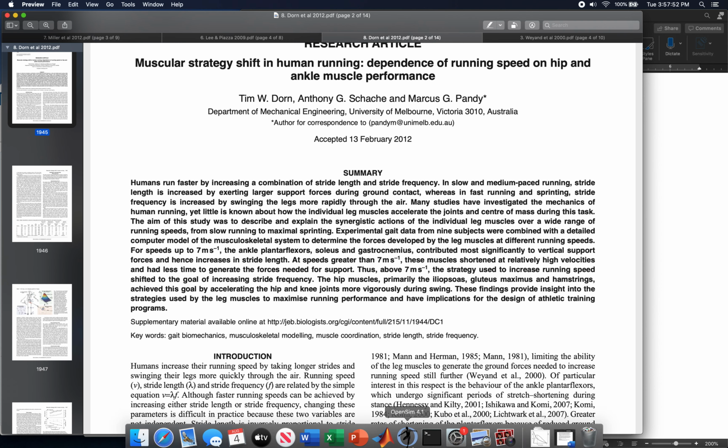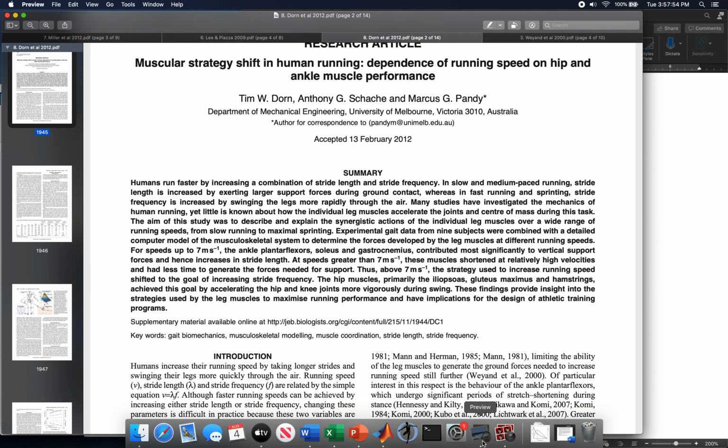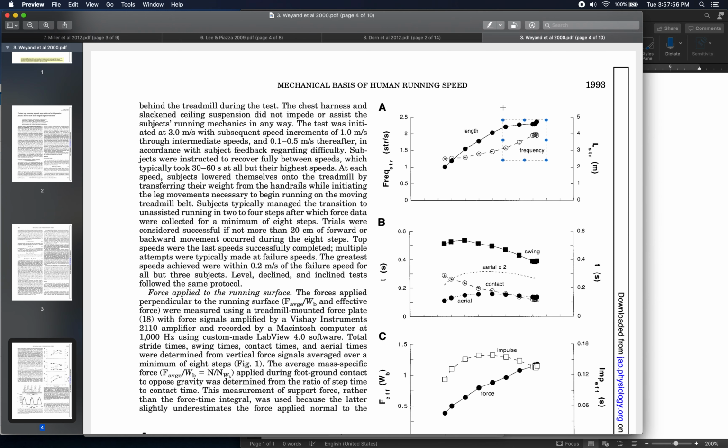Alternatively, if we see someone whose stride length plateaus here at a much slower speed, like if somebody's stride length plateaus at, say, 5 or 6 meters per second instead of 7 meters per second, and then at 5 or 6 meters per second, they have to rely almost exclusively on increases in stride frequency and can't increase their stride length any further.